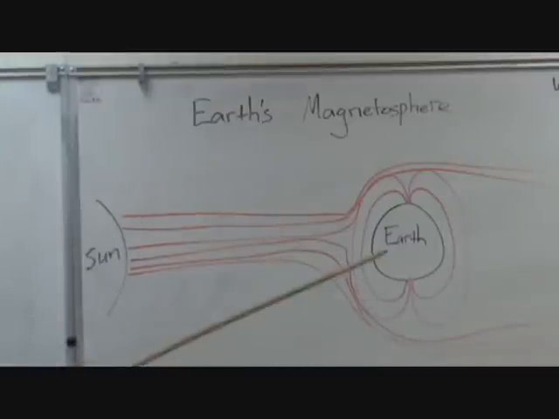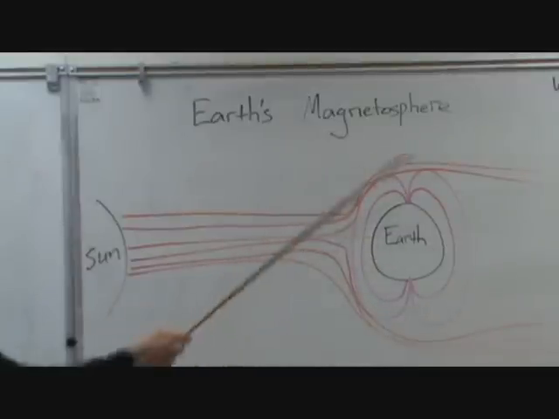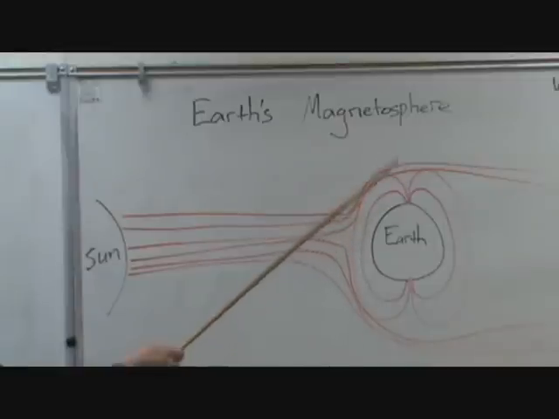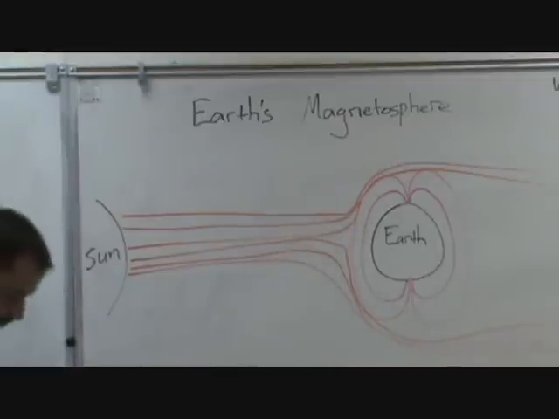Now, this is a drawing of the Earth with its magnetosphere, the electromagnetic field here, and the sun and the solar radiation and how they interact here.